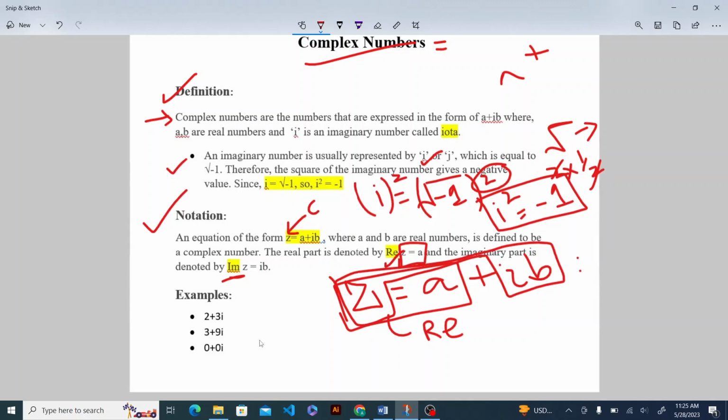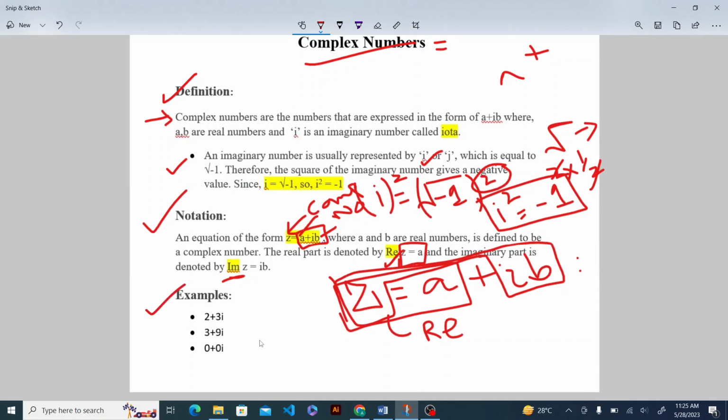This is showing complex numbers, and this equation is showing the two parts of the complex number. Re z is equal to a, this is the real part, and Im z is equal to ib is the imaginary part, because whatever the real number is, when we put i or iota with it, it becomes the imaginary part of that complex number. Okay, I hope you have got the idea till here.